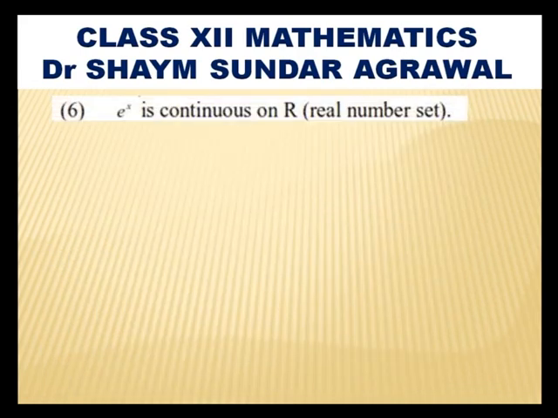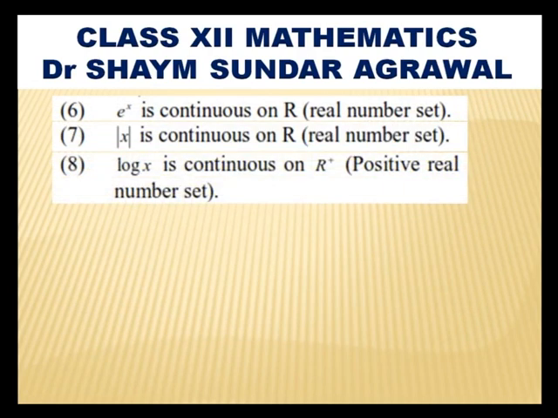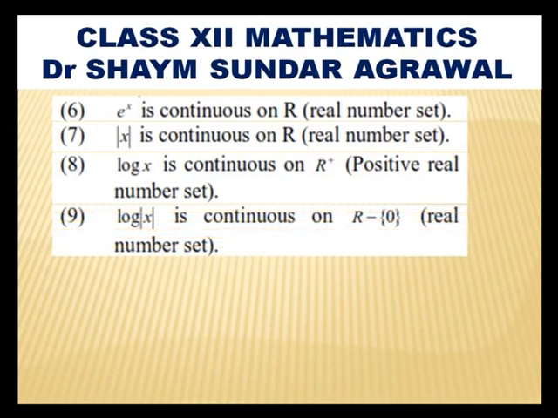E to the power x is continuous on all real values. Mod x is continuous on all real values. Log x is continuous on R plus, only the positive real values set. Log of mod x is continuous on R minus 0.